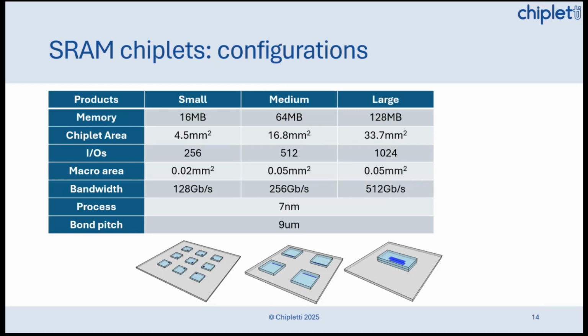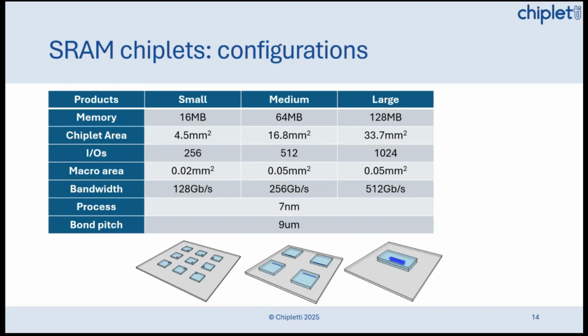But the via area would be 0.02 millimeter square, which you can round to 0. So pretty much no penalty on the area of your chip, and it unlocks 5 millimeter square worth of memory, vertically stacked, which would previously have been on the same chip traditionally.